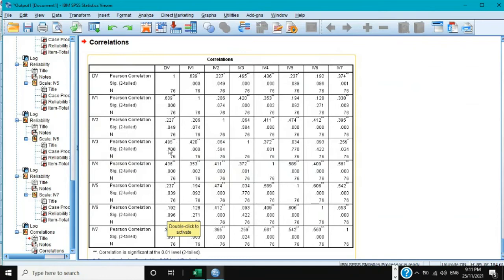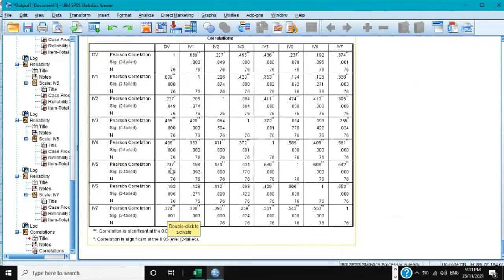And for IV3, 0.495, IV4 0.436, IV5 is 0.237, IV6 is 0.192, and IV7 is 0.374.